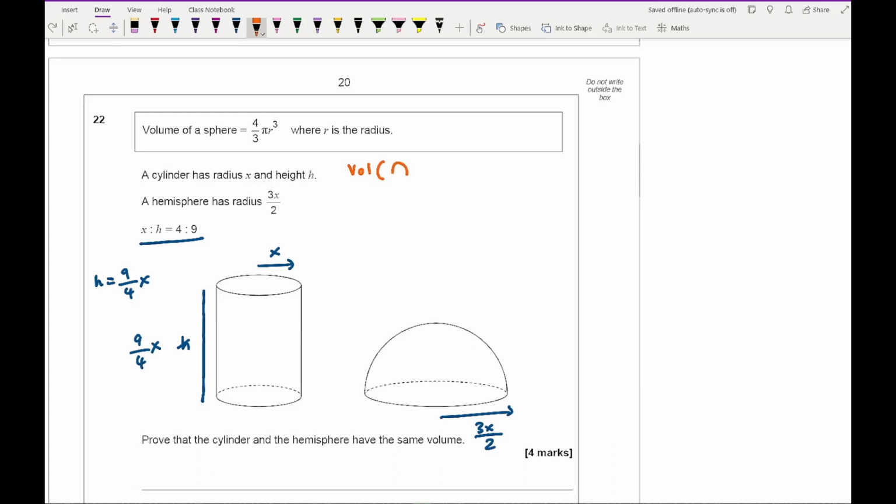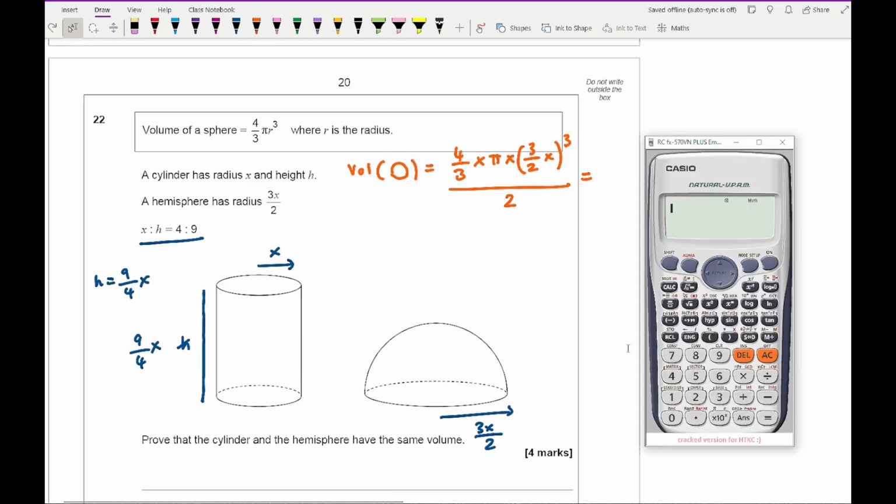So here the volume of the hemisphere is going to be 4/3 multiplied by pi multiplied by 3 over 2x cubed, all divided by 2. Now for this, let's get the calculator out to simplify those fractions.